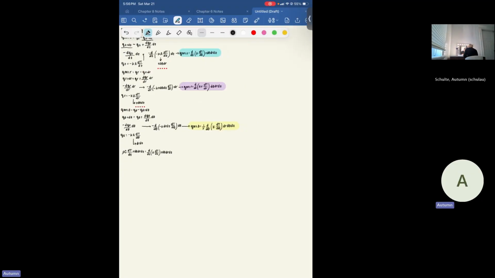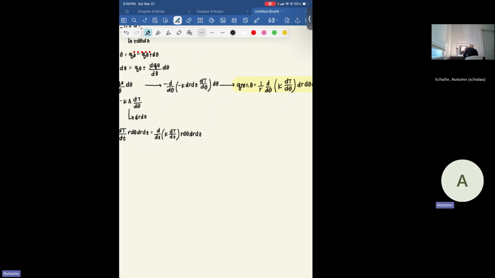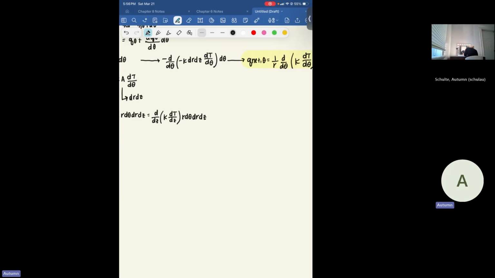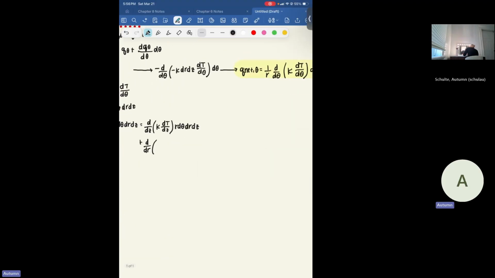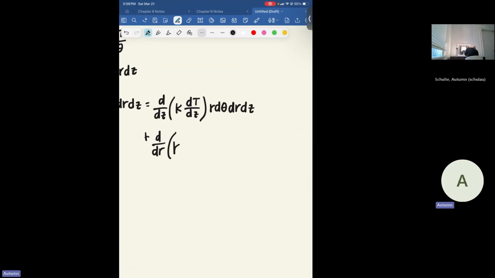Next, in our radial direction, we had the derivative with respect to our radius multiplied by our thermal conductivity times our radius times our change in temperature with respect to our radius multiplied by dθ, dr, and dz.